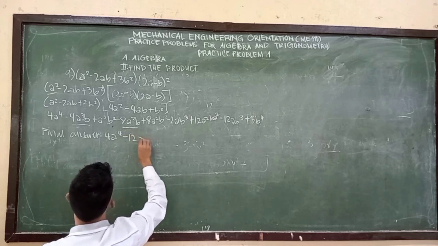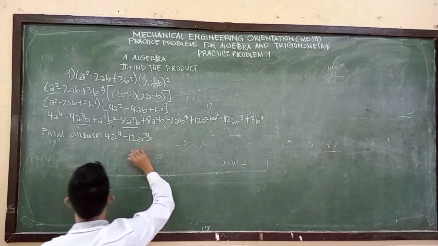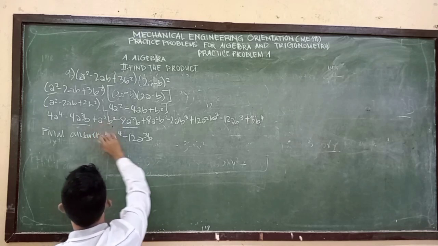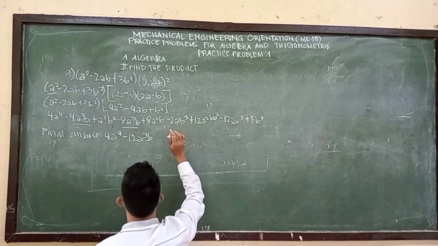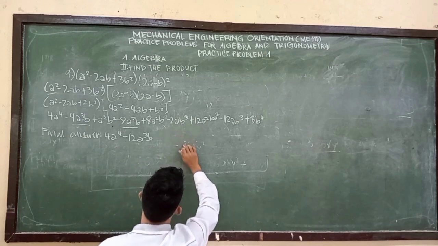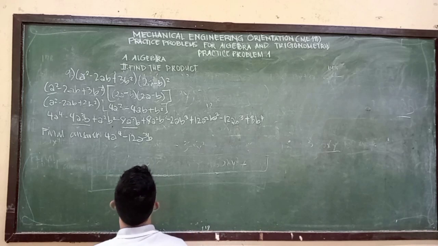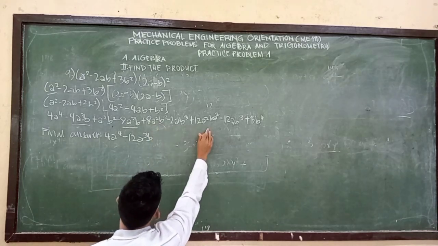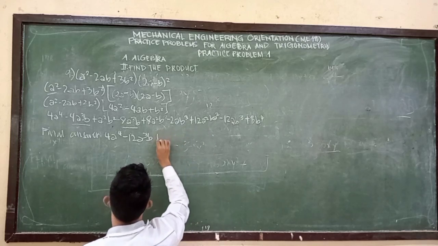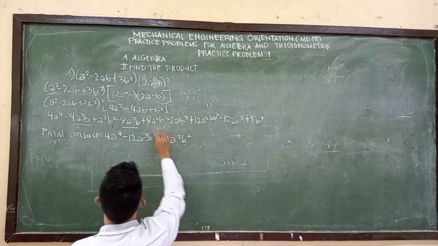We'll have negative 12a cubed b. And then a squared b squared plus 8a squared b squared plus 12a squared b squared. We'll have 21a squared b squared.